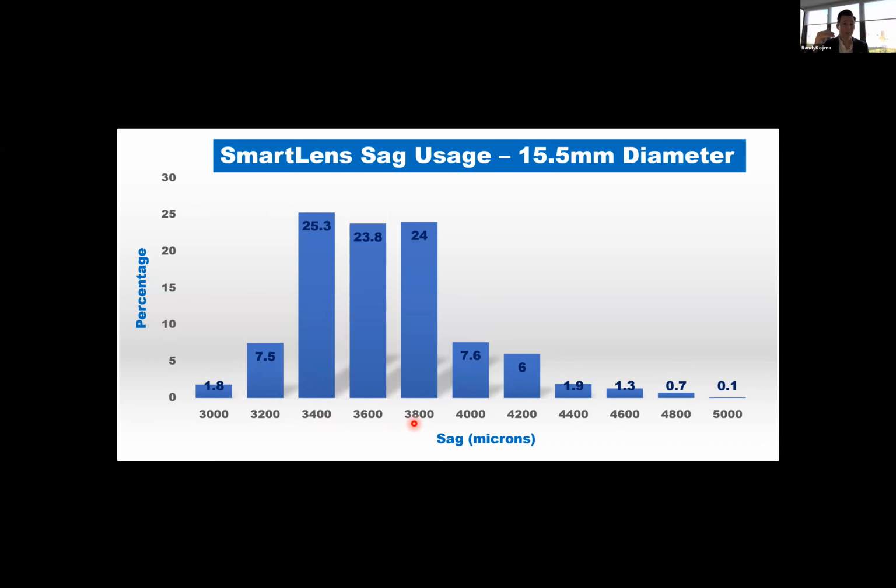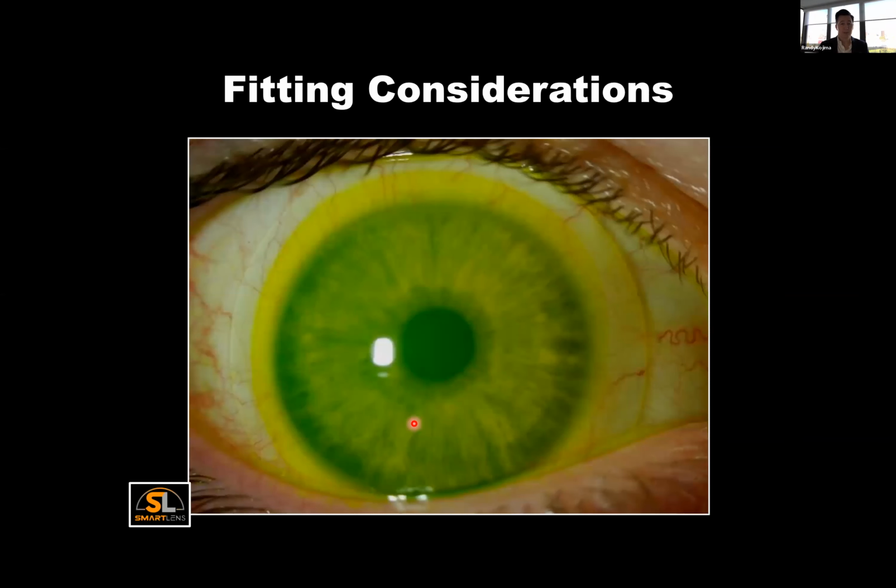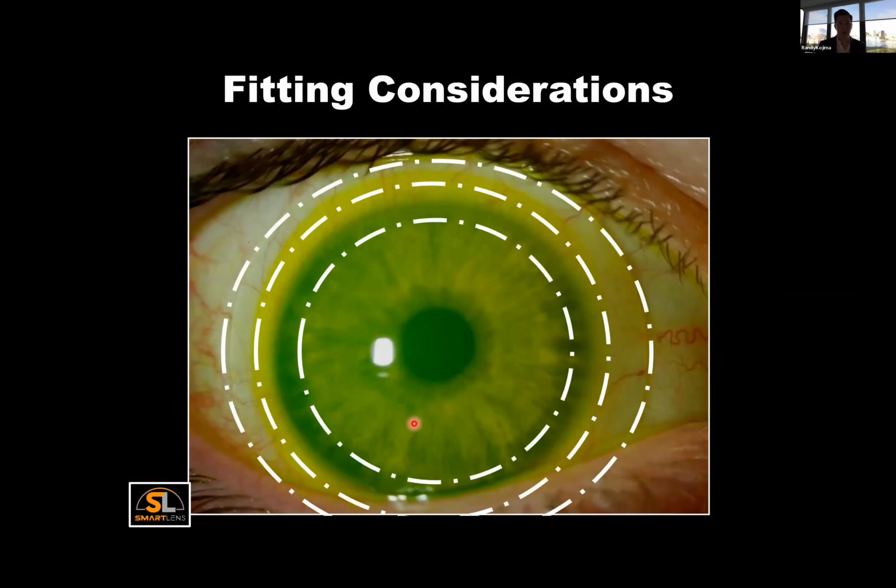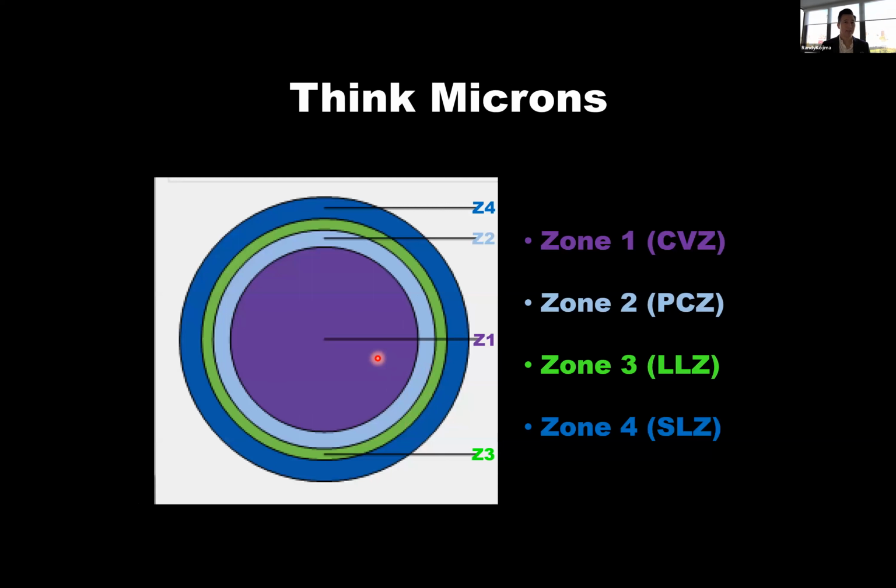How high or how low do I need my diagnostic lens? So some of the fitting considerations are, you have 4 zones that you need to consider. And within those 4 zones, they allow us to manipulate every section of the lens that we might need to alter based on the eye shape.